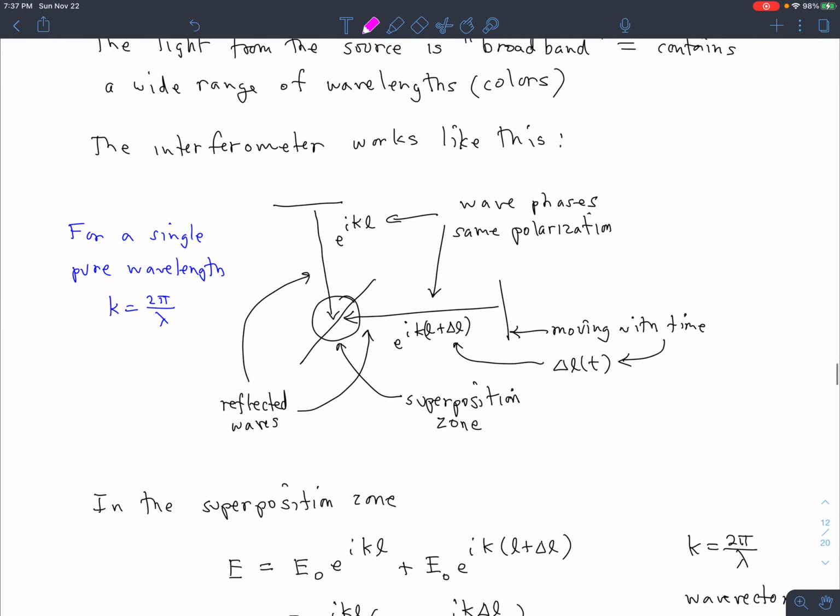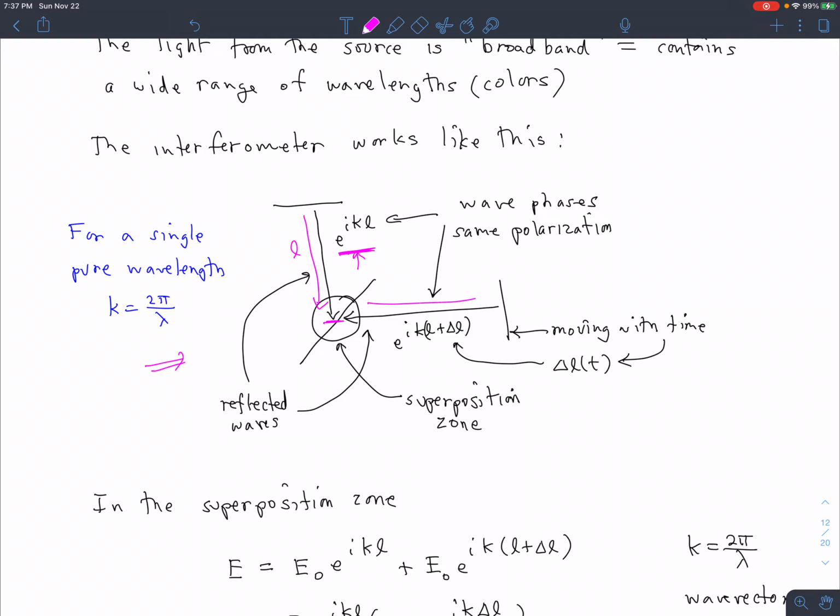All right, here's what happens in the interferometer region. You've got one pure wavelength, let's say. I mean, there's many present, but let's pick out one particular pure wavelength. It travels a certain distance L here and then comes back, and that means it's got a certain phase. This function gives the phase of the light when it arrives at the beam splitter here.